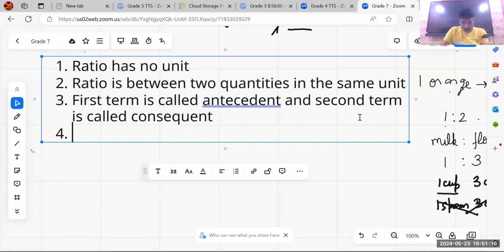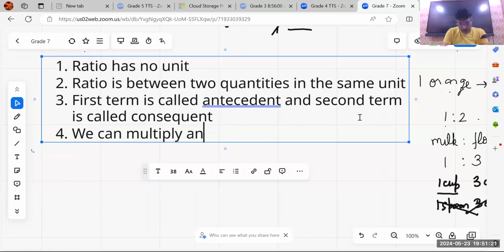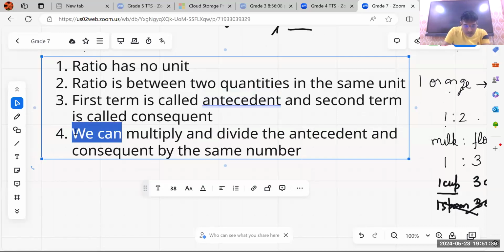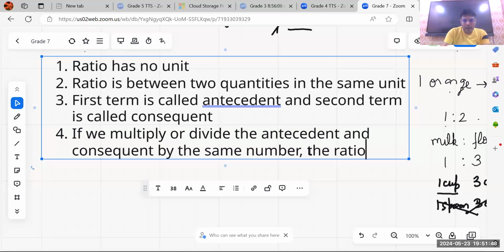We can multiply and divide the antecedent and consequent by the same number, just by the same number. So if we multiply or divide the antecedent and consequent by the same number, the ratio remains the same.